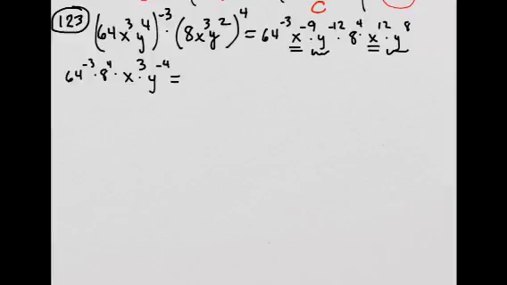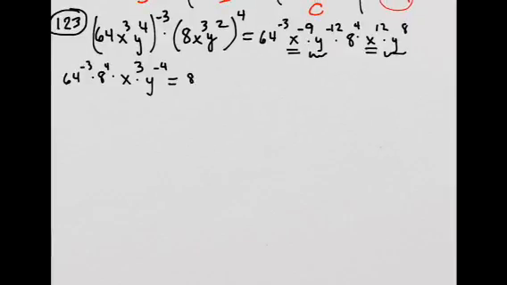When you're multiplying them, you add the exponents, so you get y to the -4. Okay, so now let's change it to positive powers. So this becomes 8 to the 4th times x cubed over 64 to the 3rd times y to the 4th. Well, 8 squared is 64, and there are 4, right? There's 8 to the 4th power, so I'm going to say that this is 64 squared, right?